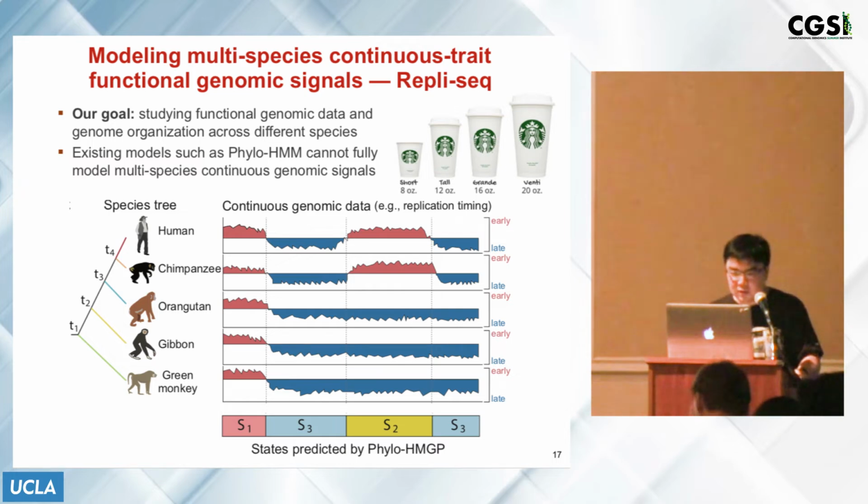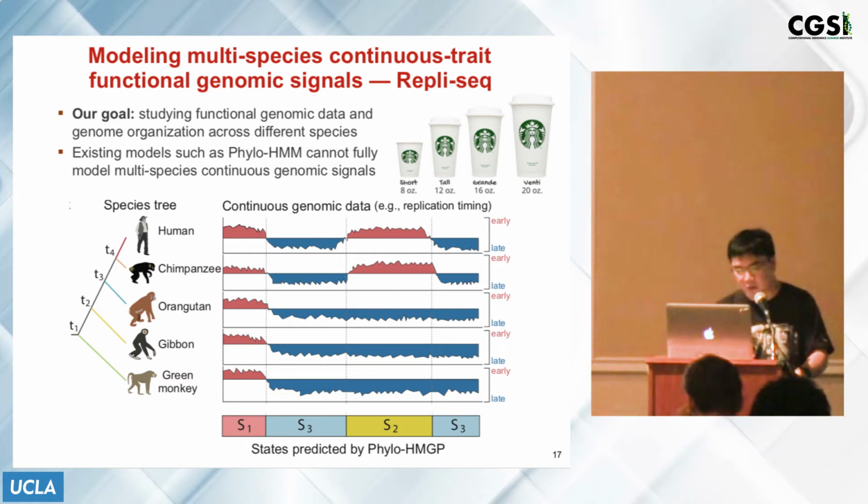So why do we want to consider continuous signals? Because it gives you much richer information, a more complete spectrum of how the signals are distributed, and fully captures the signals.